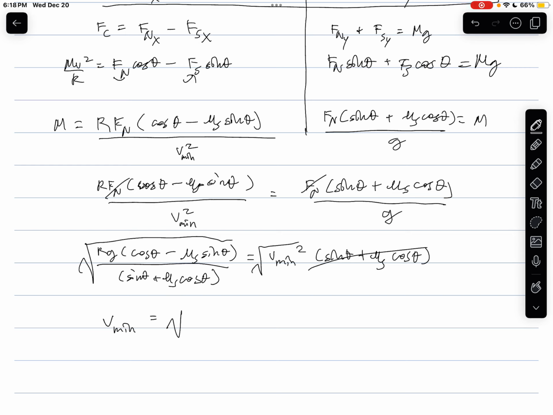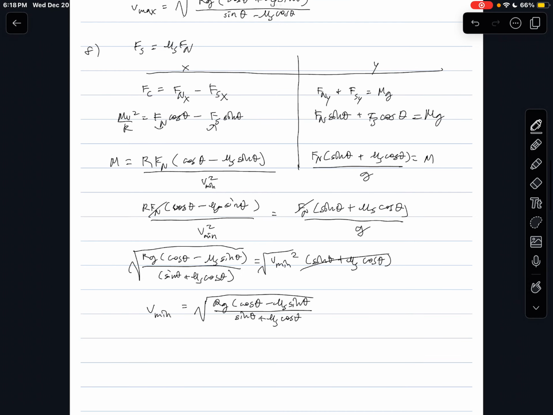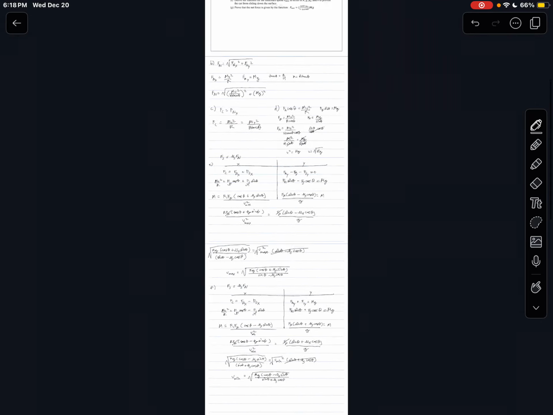Then V min is going to be the square root of Rg cosine of theta minus mu s sine of theta over sine of theta plus mu s cosine of theta. Okay, so that is how you derive the equation for V min.